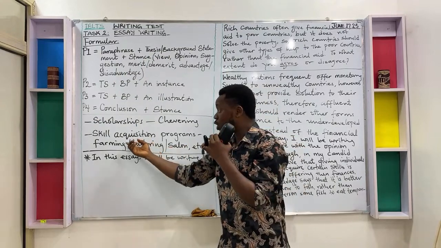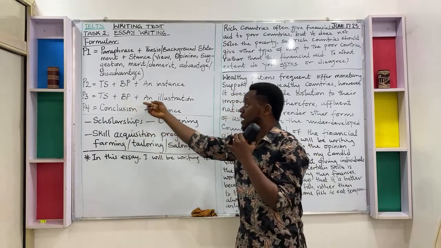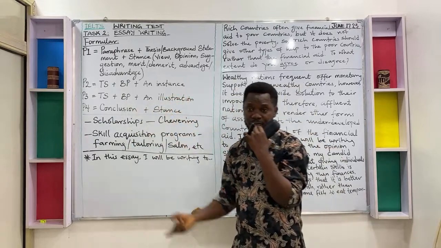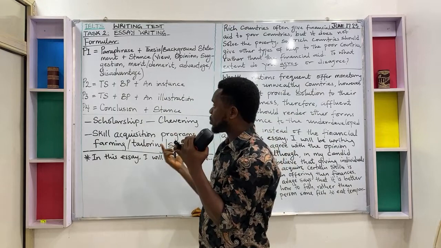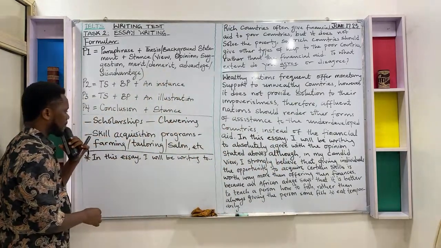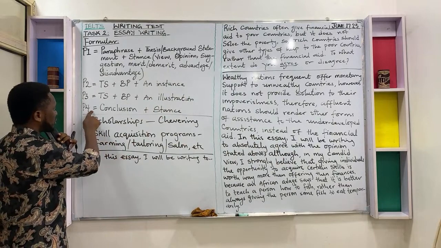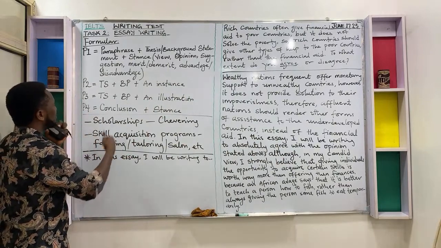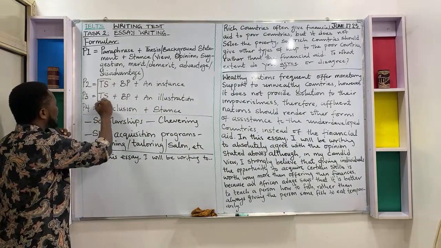So you need to explain all of these in your body paragraph and then give an example. So you give an example, and that will be it for your paragraph 3. Now, for your conclusion, you will give what we call the synopsis of your topic sentences.